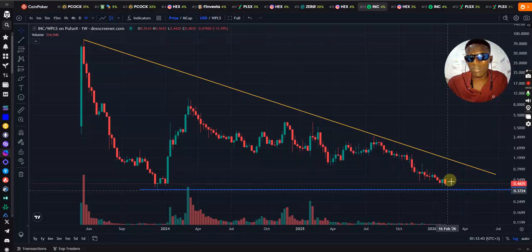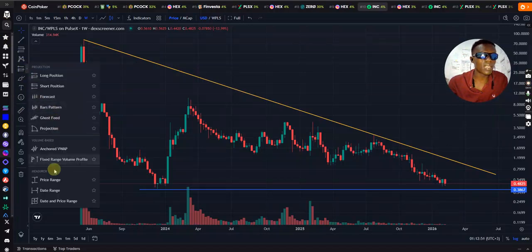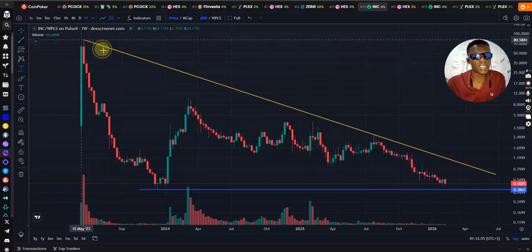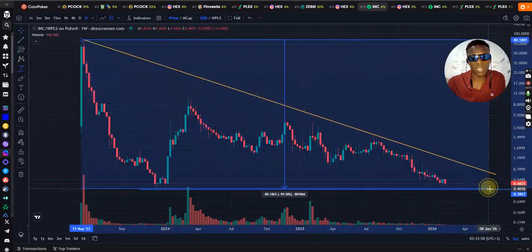You can see price was almost nearing the lowest it has ever been. Just measuring that, after this asset was launched, there is this price discovery period up to now.